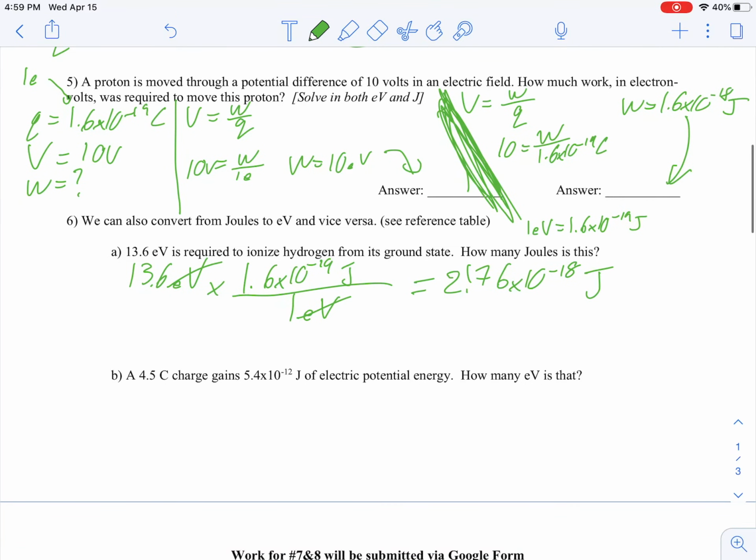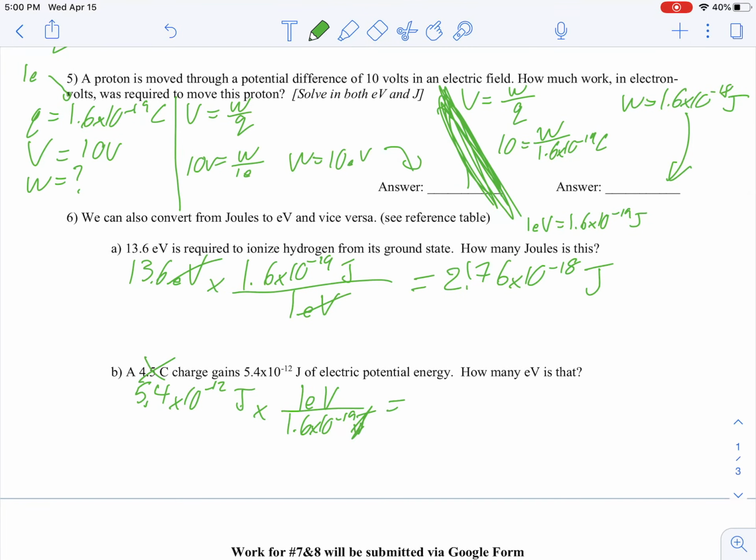How many electron volts? Oh, so now we're doing a different question. A 4.5 coulomb charge gains 5.4 times 10 to the negative 12 joules of electric potential energy. How many electron volts is this? This is excess information. You don't need that. 5.4 times 10 to the negative 12 joules. Again, it's what you want over what you have. So we want electron volts. So 1 electron volt over 1.6 times 10 to the negative 19 joules.